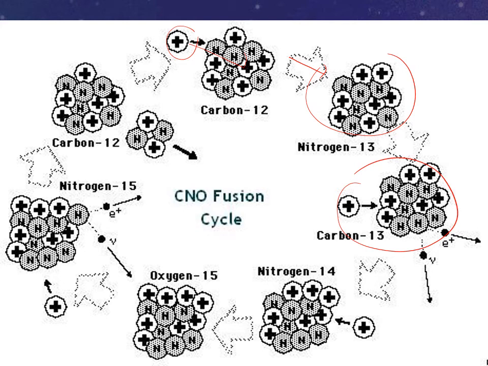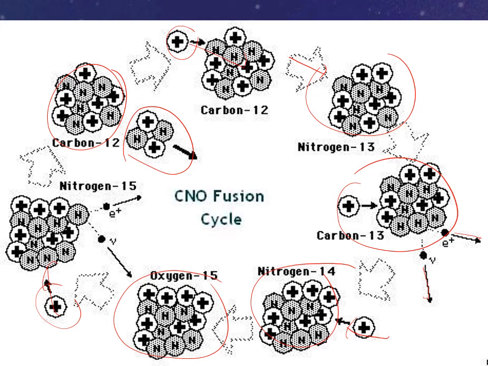And then the carbon-13 will radioactively decay and give off a positron and a neutrino, becoming nitrogen-14, which then grabs another proton and becomes oxygen-15. Oxygen-15 then grabs another proton, and it could remain an oxygen-16, but it typically doesn't. If it hits fast enough, it splits and becomes carbon-12 and a helium.